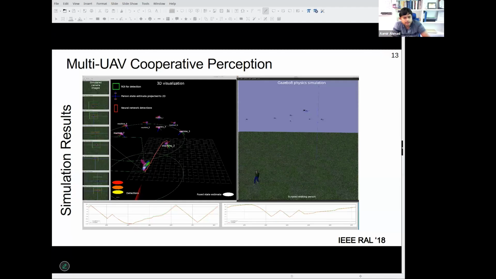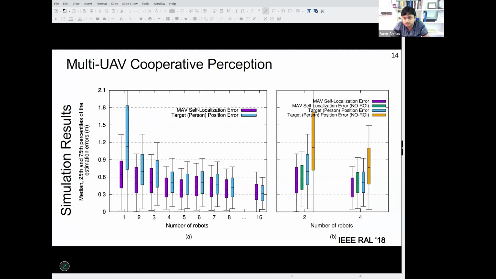Okay, so let's move on and see what statistical results this produces. The video I showed was with 8 UAVs because with more UAVs the whole video becomes more cluttered. But the experiment results that I show here are of 16 UAVs flying in simulation and doing this cooperative perception.